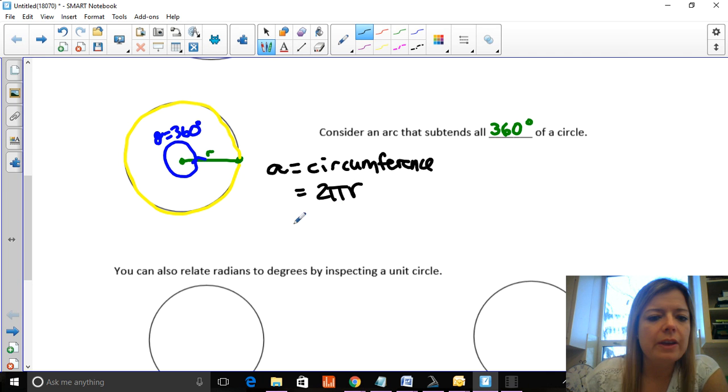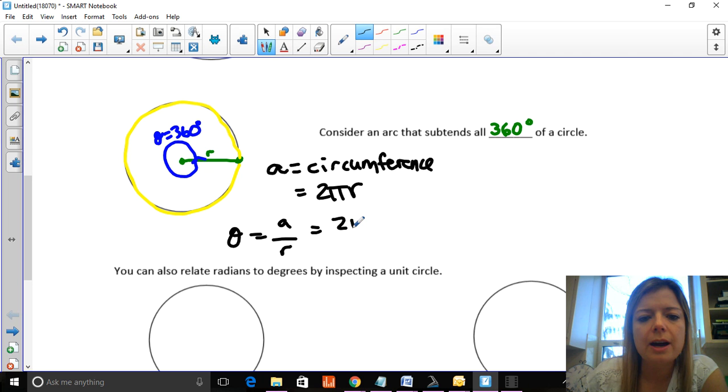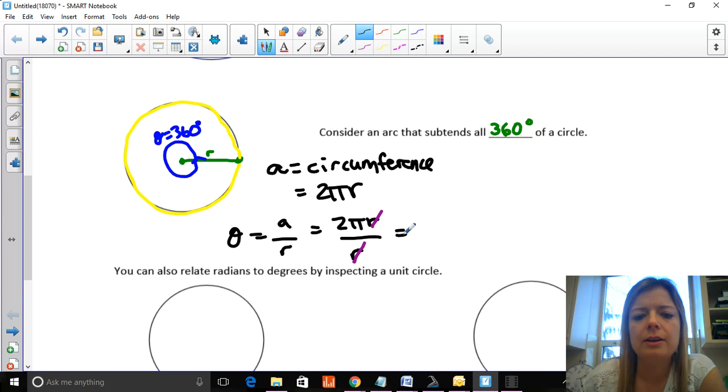Okay, so therefore, theta is equal to the length of the arc divided by the radius, so 2 pi r divided by r. And now you can cancel out these r's, and you're left with 2 pi. So that means that the size of angle theta is 2 pi radians when you go all the way around the circle.